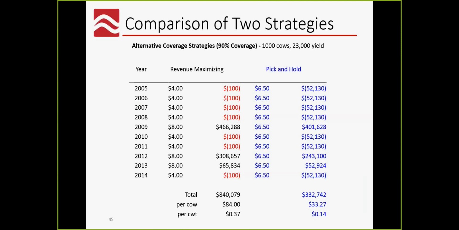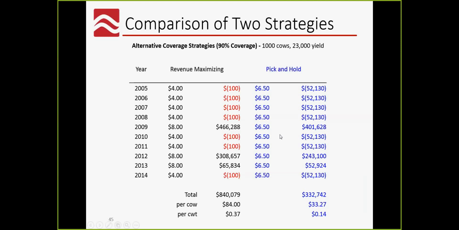The other 3 years, 2009, 2012, and 2013, the optimal level to be at was $8, at which point payments, had this program existed, would have been very, very high. And so that optimal strategy pays an average of 37 cents over that whole time period. Okay, $6.50 if we just did that every year.